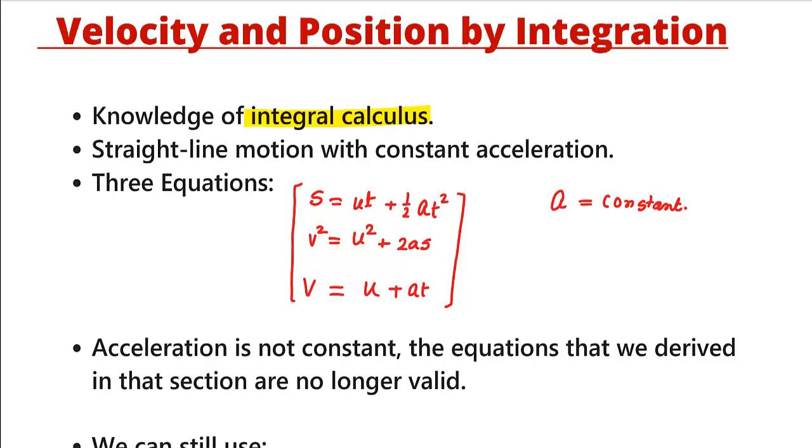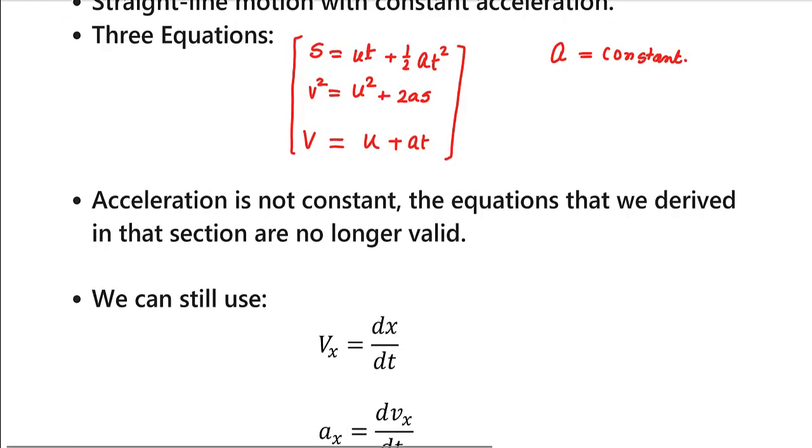Now the question comes, what if acceleration is not constant? How do we deal with that situation? How do we calculate position or velocity of the particle at a given point of time or at a given distance? In this case, I cannot apply these formulas.